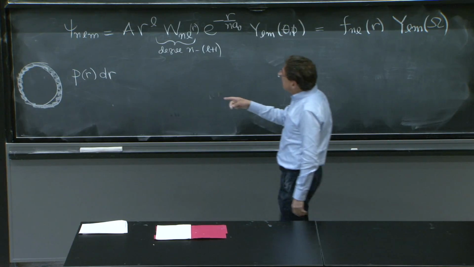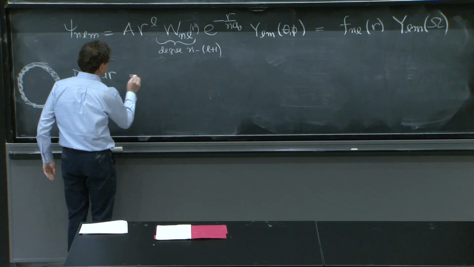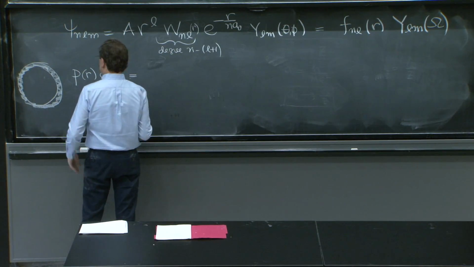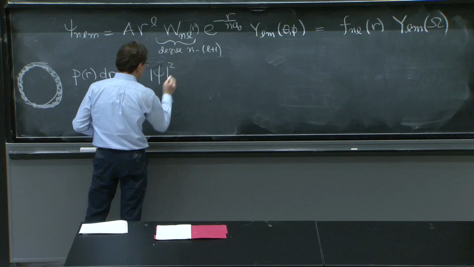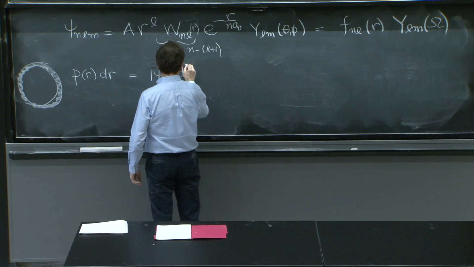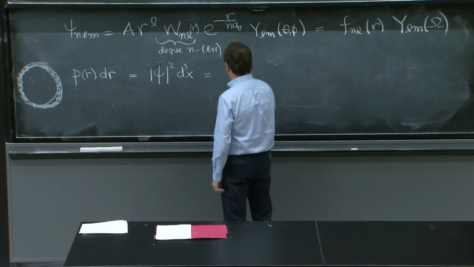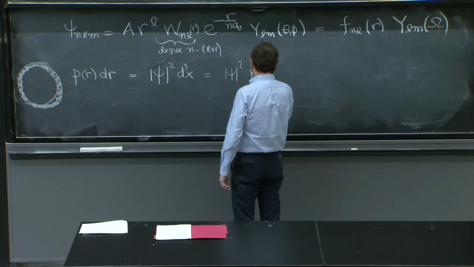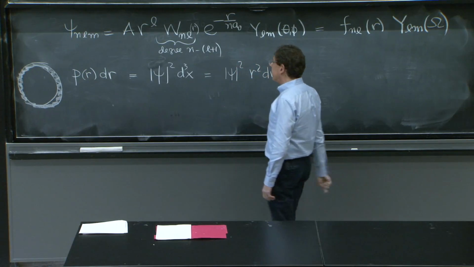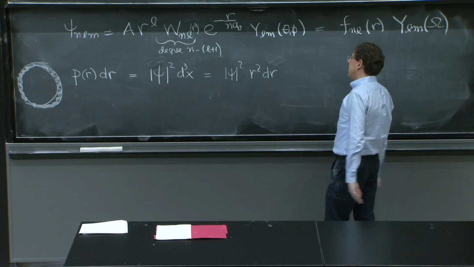So the probability to find the electron in this shell must be equal to the value of the wave function squared times the volume element. And the volume element here is psi squared r squared dr times, you would say 4 pi, but it's not spherically symmetric.